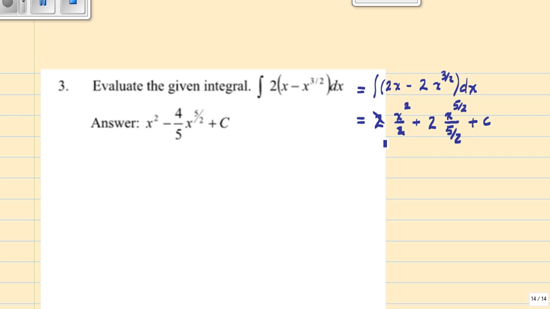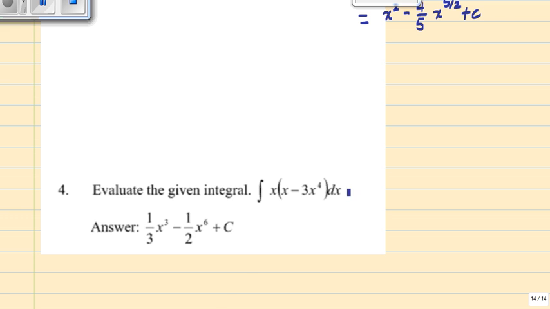This one can be simplified, so that's 1, 1. So this is equal to, this is minus, by the way, so this is going to be equal to x squared, and then minus 4 over 5, after simplification, x to the power of 5 halves, plus c.